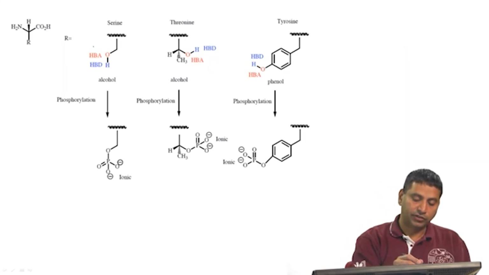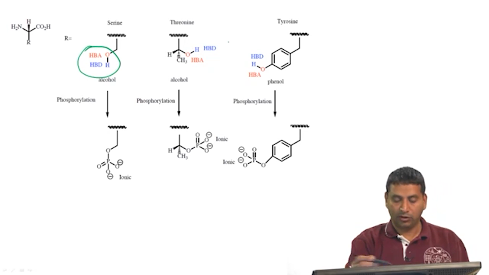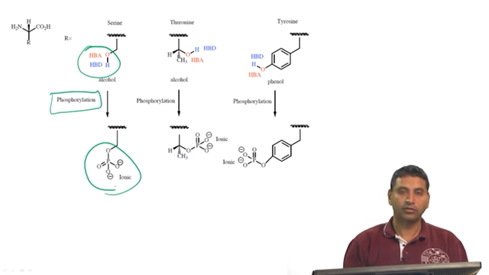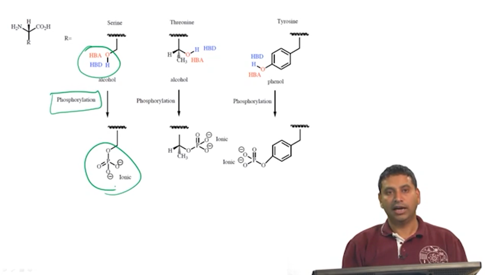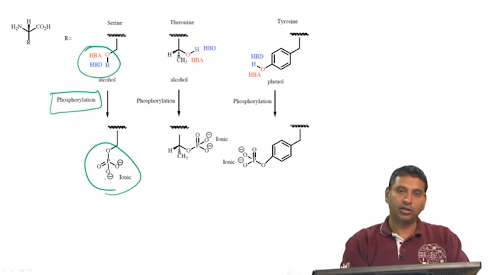Phosphorylation is a situation where you have an alcohol in the form of a serine or threonine or tyrosine, and it undergoes a phosphorylation which involves addition of a phosphate group on it, and what was previously a situation where you had only a hydrogen bond acceptor and a hydrogen bond donor is now converted to a functional group which is ionic in nature.